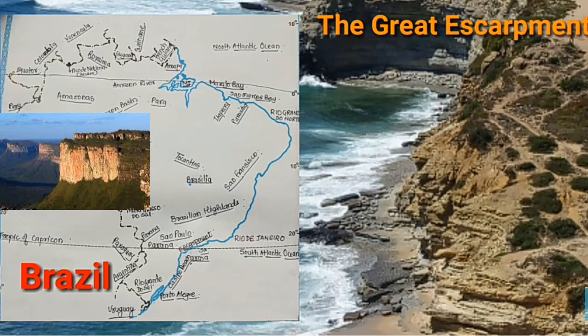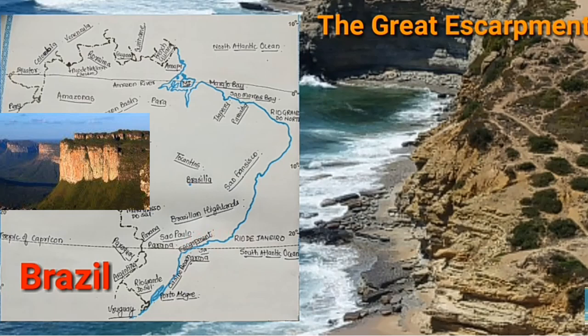Then on the border of the southeast, there is a great escarpment in the Brazilian highland. The Brazilian highland, as I showed you before, has the great escarpment.